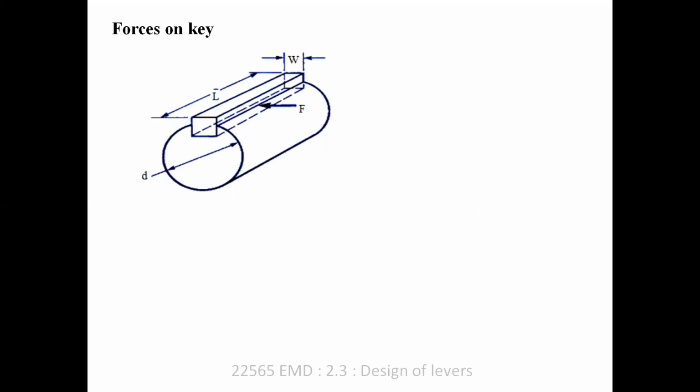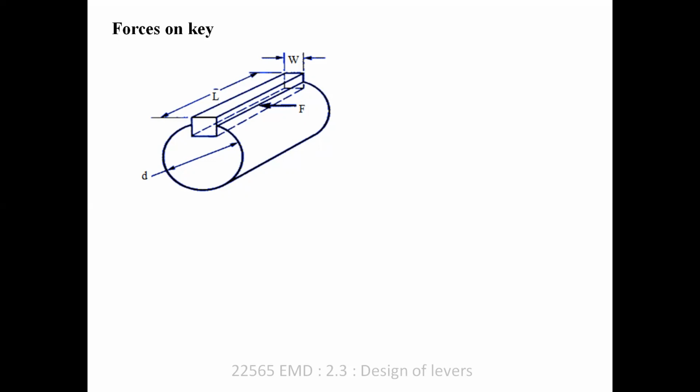If you go further to the forces on the key, you'll find that F is the tangential force on this key when it is inserted inside the shaft. L is the length of the key, W is the width of the key, and T is the thickness of the key.